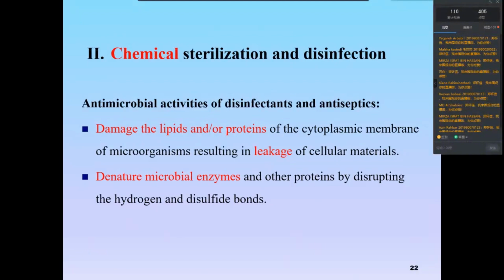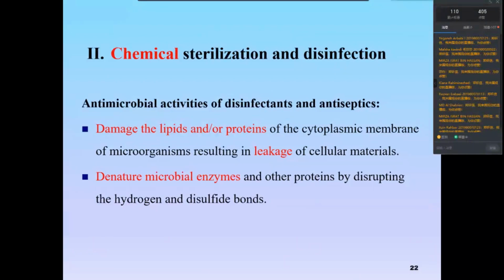The other one is that they can denature the microbial enzymes and other proteins by disrupting the hydrogen bonds or the disulfide bonds. If you learn biochemistry, you know that for the protein to function properly, the amino acid chain will fold correctly.